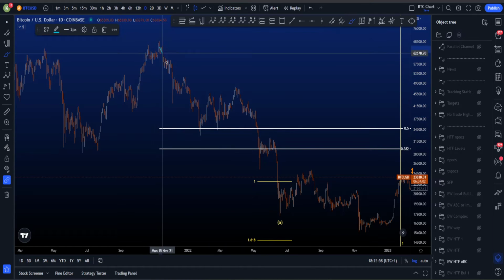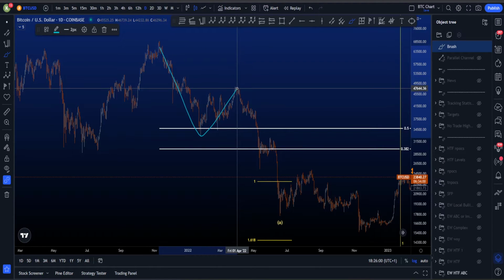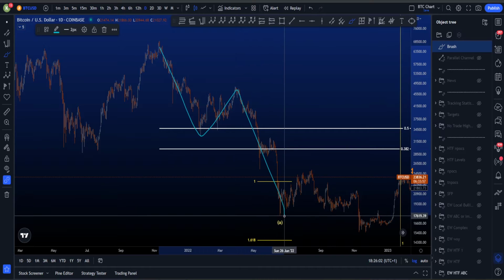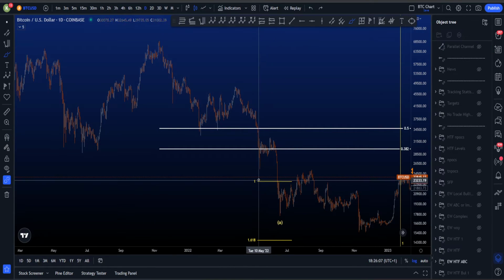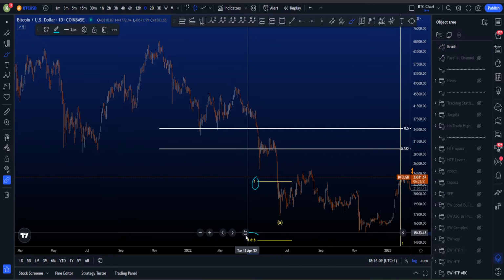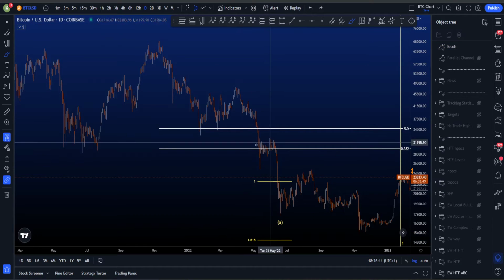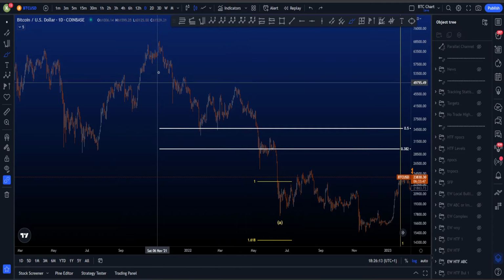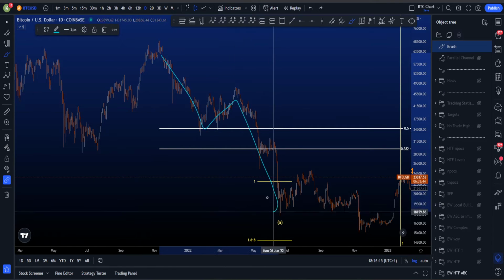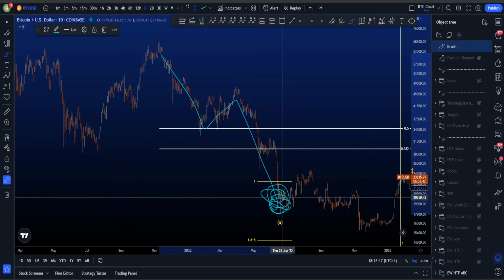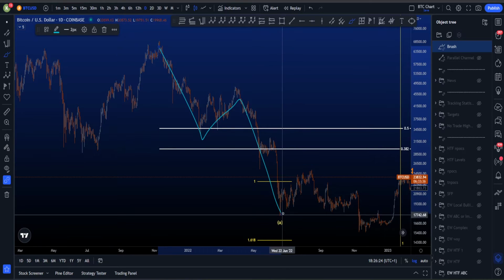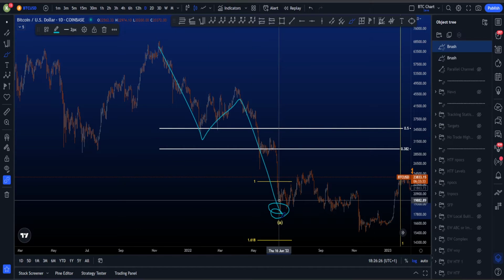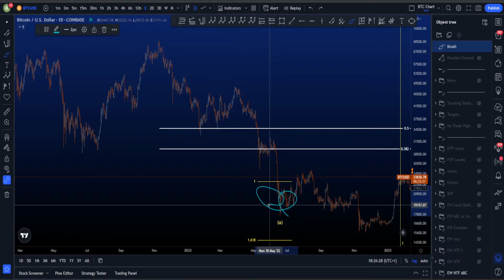And that is the extension of this being a wave A, this being a wave B, and then this being a wave C. Wave C is very likely to end up between the 1-to-1 and the 1.618 trend-based fib extension. So this being an A, B, C, this means for wave A, this is a valid target, or at least for wave C, because this is an A, B, C, and then wave C of my blue line over here, this is a valid target. So this is all good, this is correct.